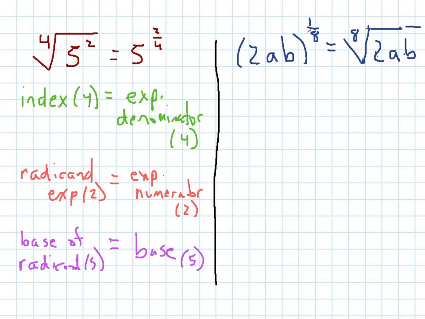One more time, looking over here, I've got my index matching my denominator. I've got my base matching my radicand. So this is how these things are equal to each other. Now I'm going to give you some practice in rewriting.